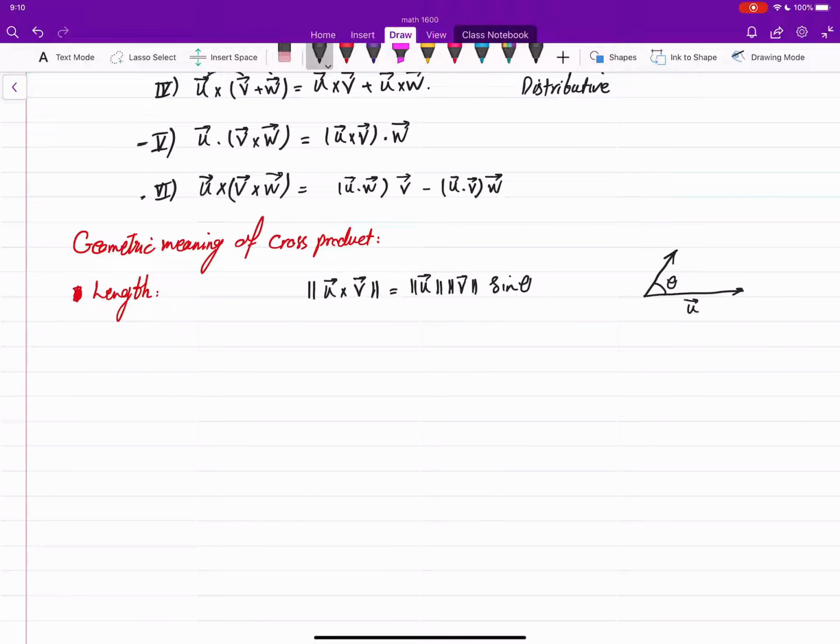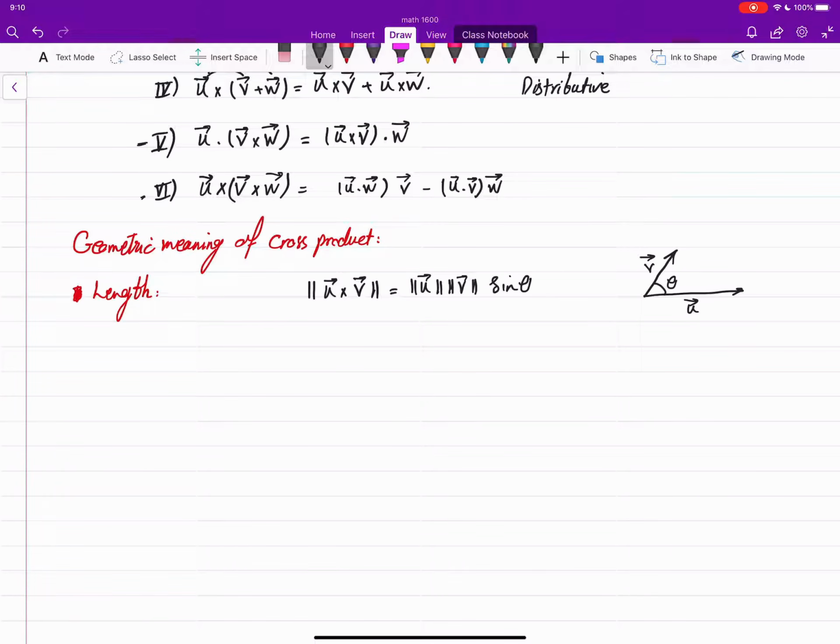So if this is u, this is v, then the length is going to be sine of theta times length of u times length of v.